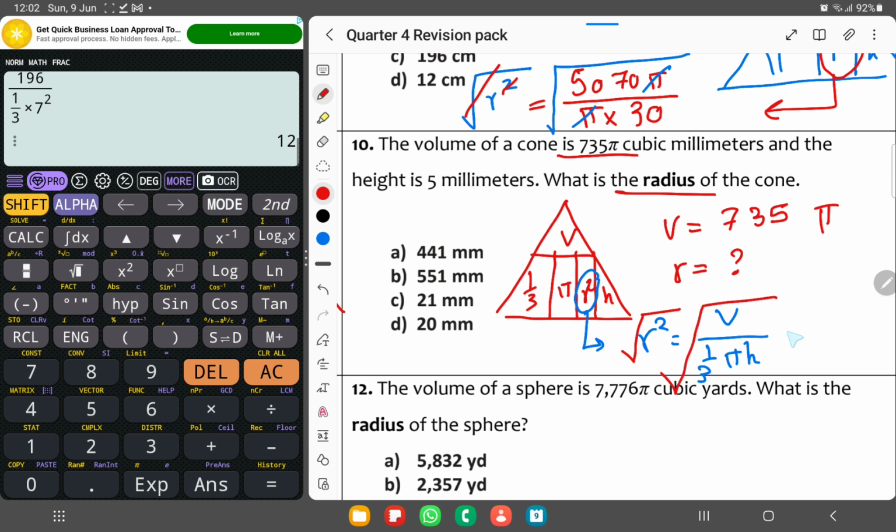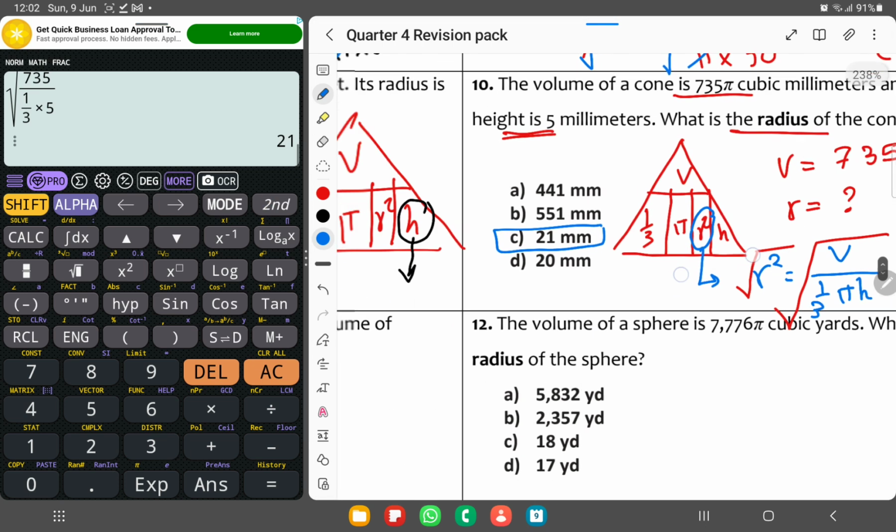Square root left, square root right. So this is equal to the square root of 735 pi over 1 over 3 pi h. What is the h here? 5 millimeters. Again, we can cross the pi together, so it becomes the square root of 735 over 1 over 3 times 5, which is equal to 21 millimeters.